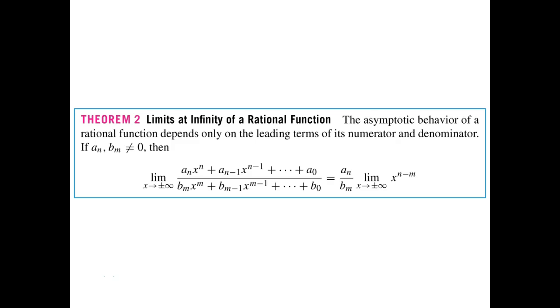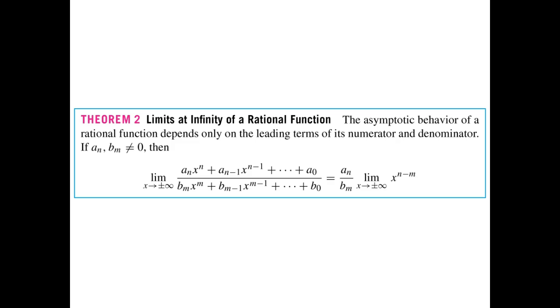Now, let's think about what we've already discussed. If n is greater than m, then this is going to be a positive number that's going to infinity. Okay? And again, if it's an even positive integer, it's going to positive infinity.